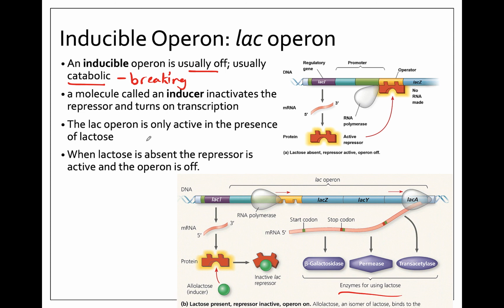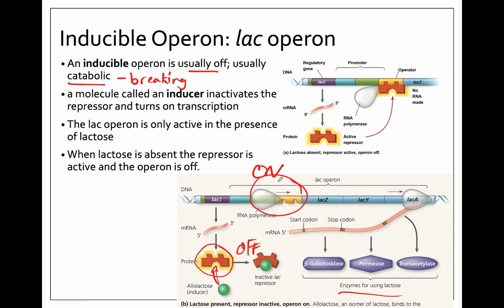So when the lactose is present, you can see here's the lactose. It's going to bind to the repressor, and it's going to turn it off. When it turns the repressor off, that means it's going to turn the operon on.